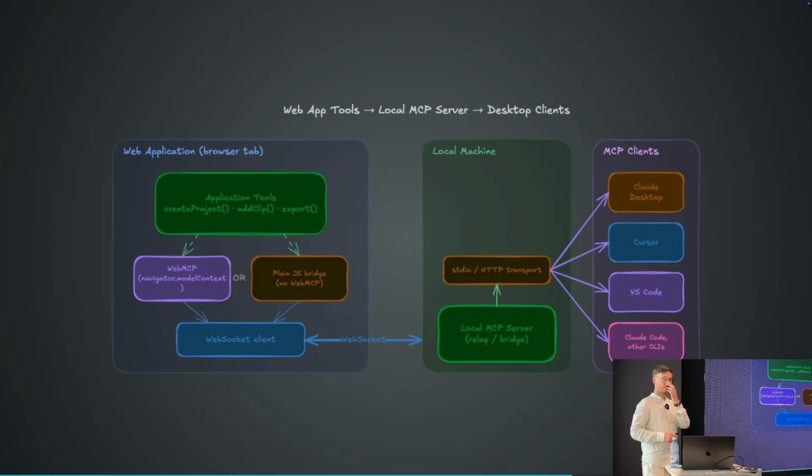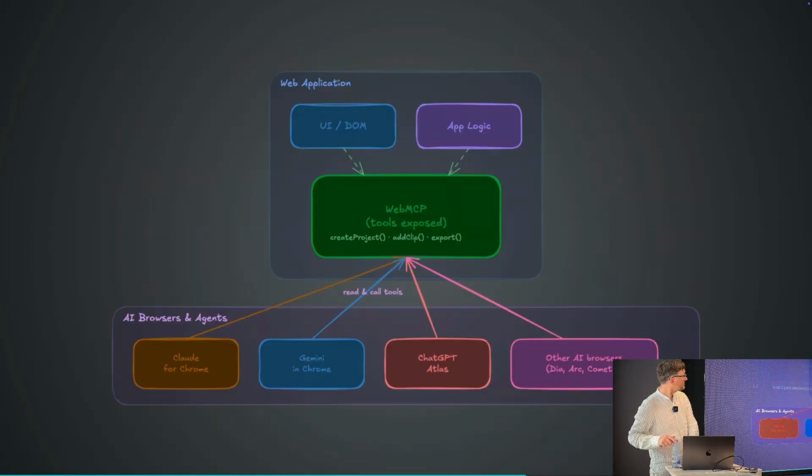And you had another picture somewhere where you talked about the bright future where all those tools on the right use WebMCP. That doesn't exist today, right? I think the picture was before. That one. This one doesn't exist today.